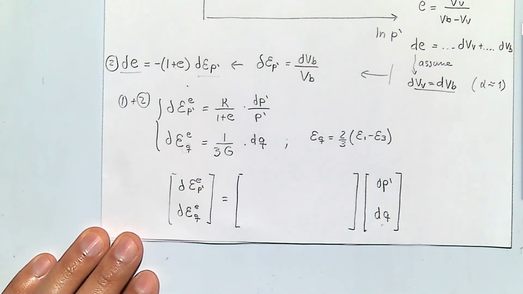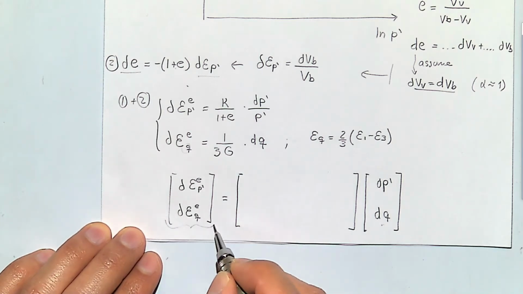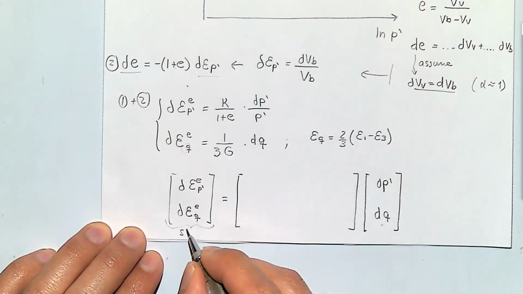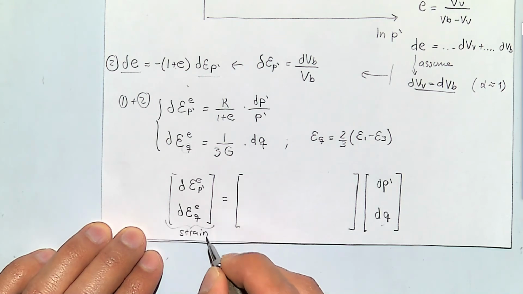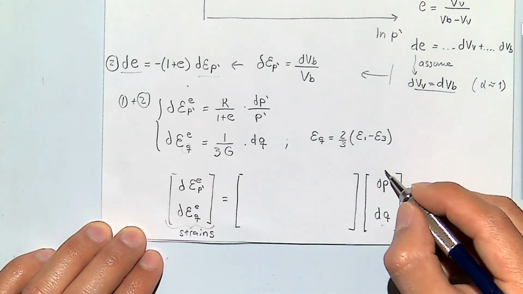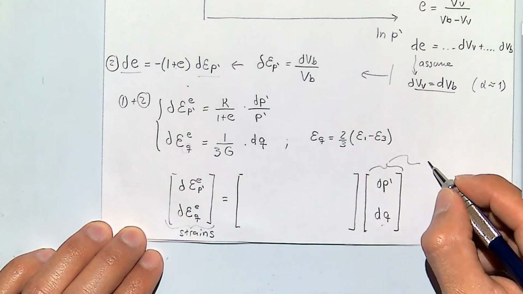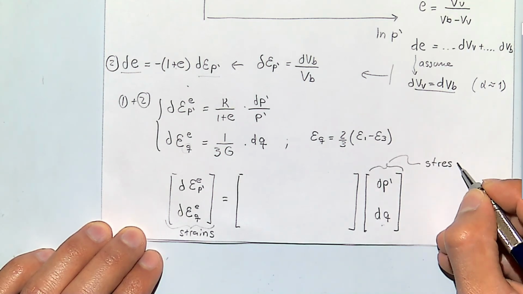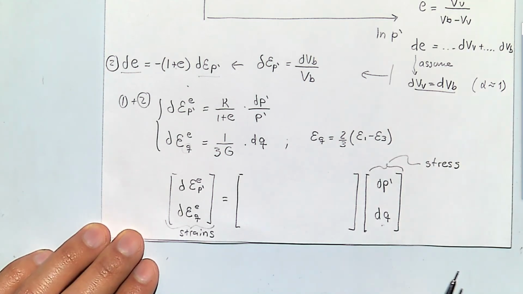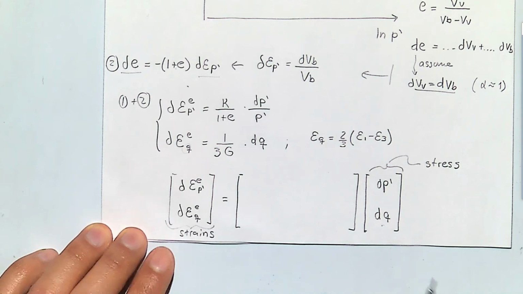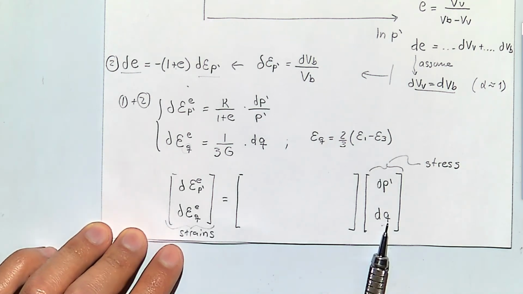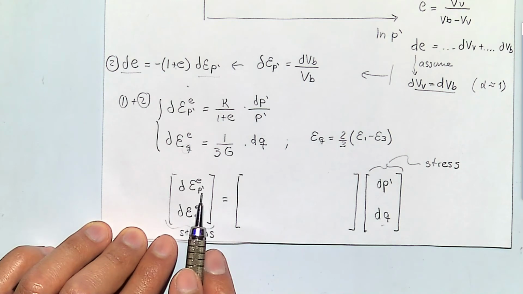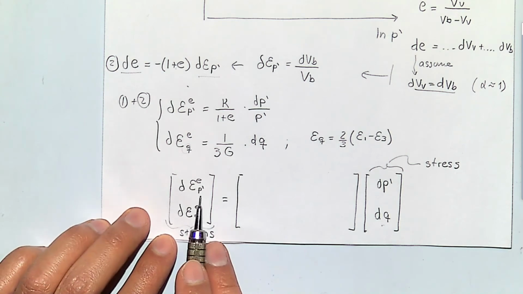Probably when I was saying this I mixed up what I was trying to say, but remember, these are strains, and this is stress. Sometimes these get mixed. So changes of deviatoric stress will not cause changes of volumetric strain.